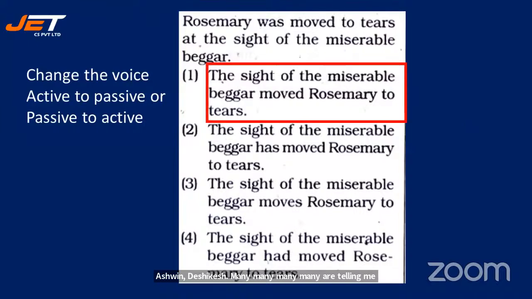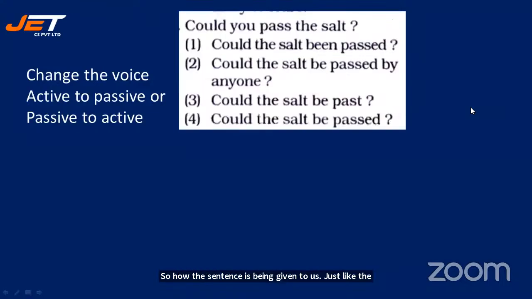The sight of the miserable beggar moved Rosemary to tears. All right. So we cannot write 'has moved', nor can we write 'moves'. So the way the sentence is given to us, the same way you have to put forth the answer also. All right, let's move on to the next question.